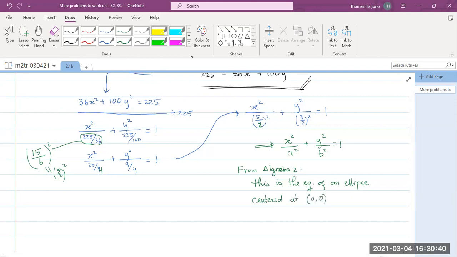Yeah, because you have x minus 0 squared, y minus 0 squared, right? Okay, centered at origin.